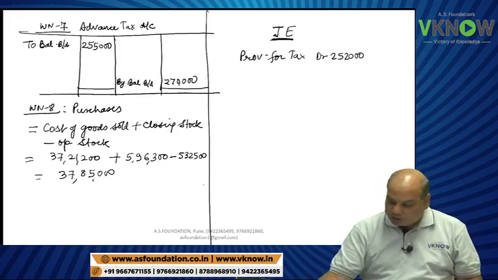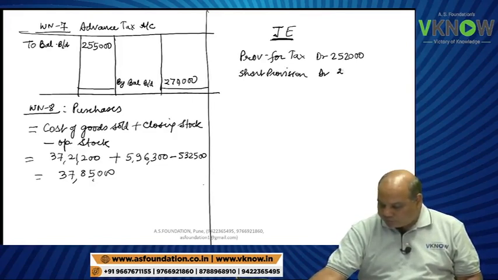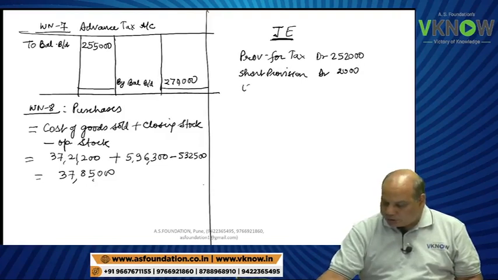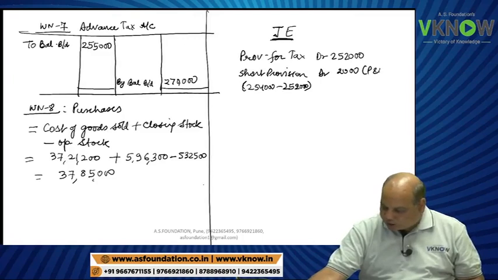Last year will close. Short provision debit 2,000, because the government wanted 2,54,000 and we have made a provision of only 2,52,000, and this will go to P&L account which has gone.